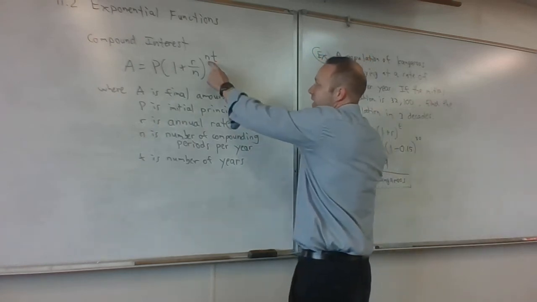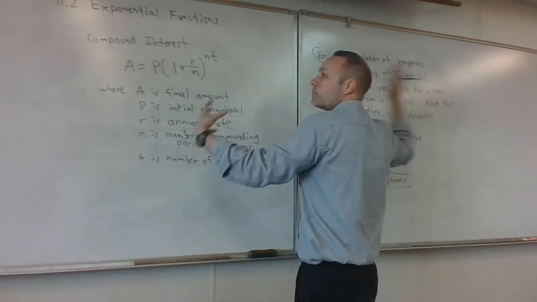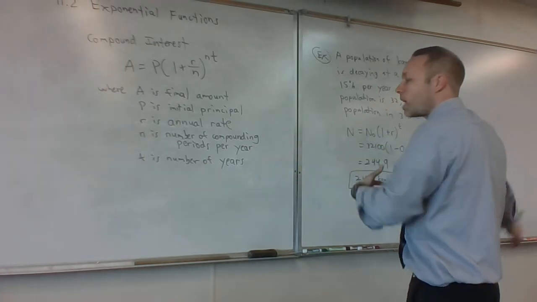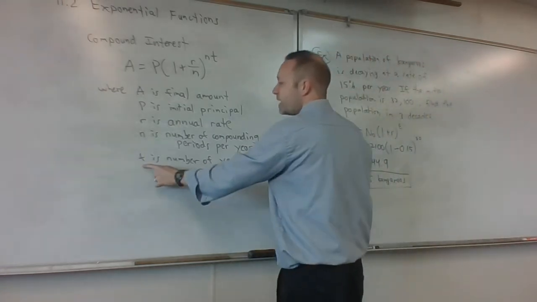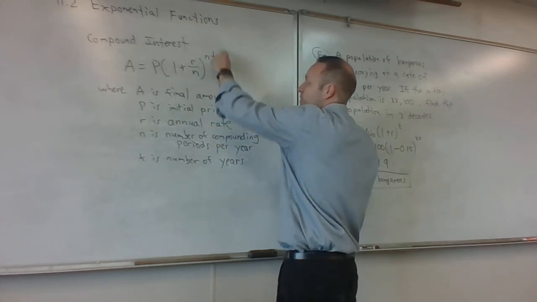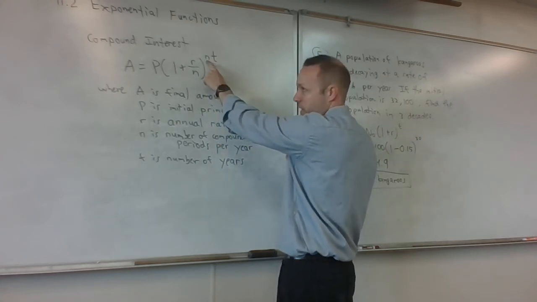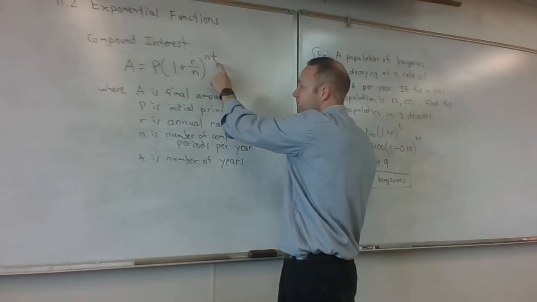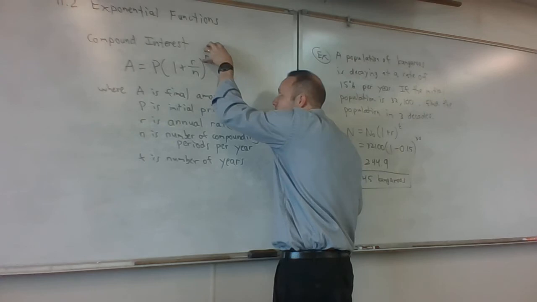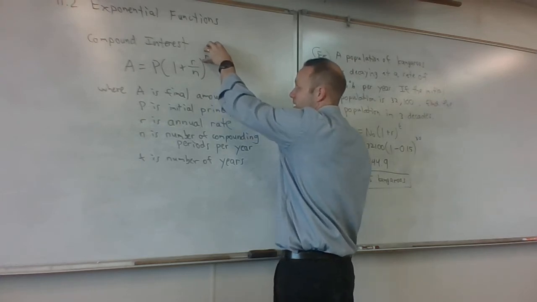And then n times t gives you the total number of time periods where the compounding has happened. So if you're at 10 years and it's compounded monthly, well, what does this exponent become? 12, because compounded monthly, times 10 gives you 120. In other words, this gives you the number of months where the compounding has happened.